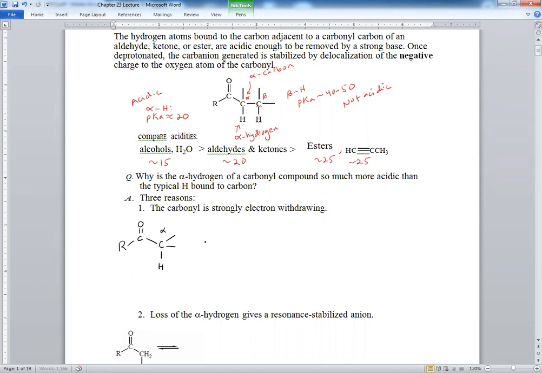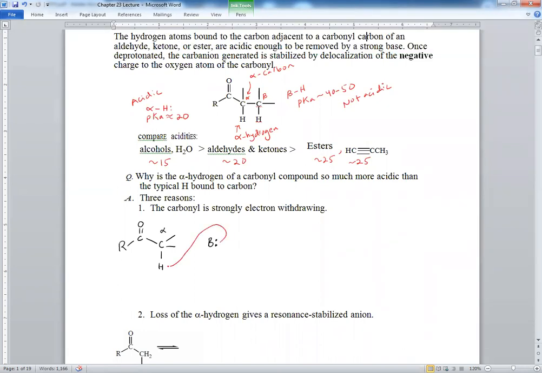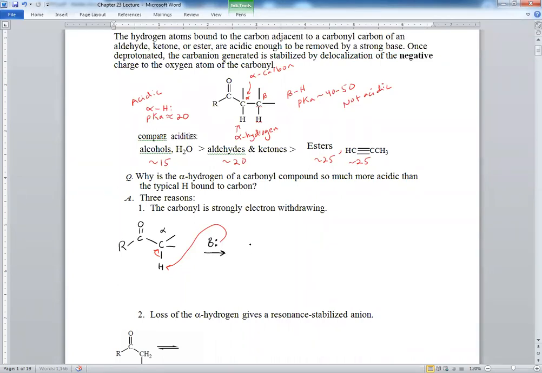If we have a base that deprotonates this, we would get the lone pair shifted back to that alpha carbon.